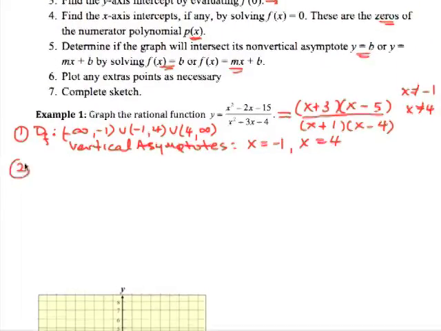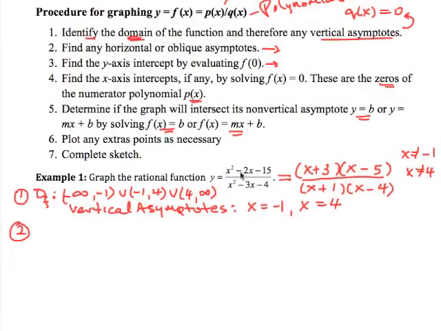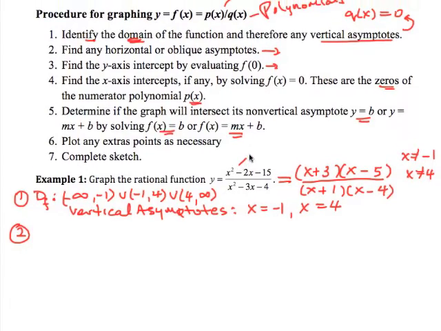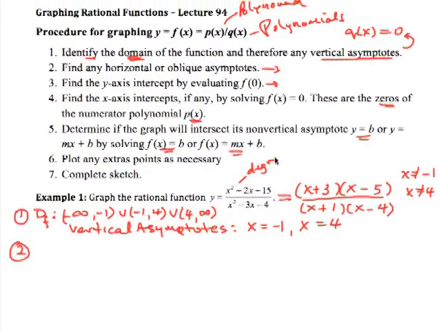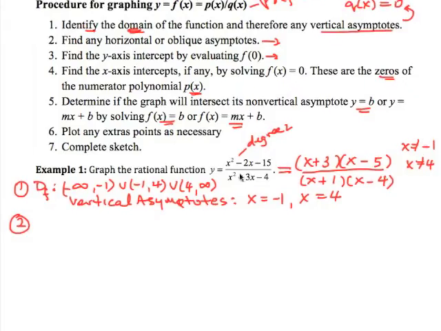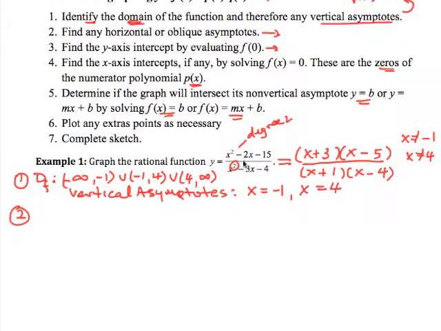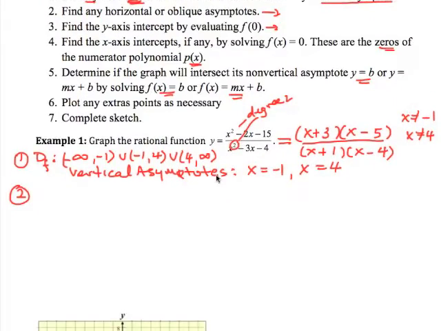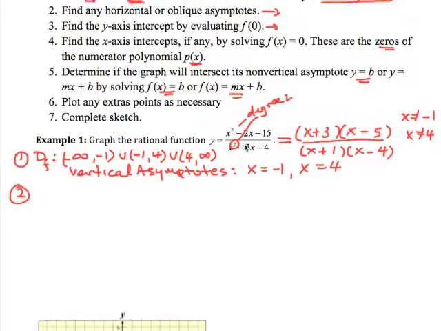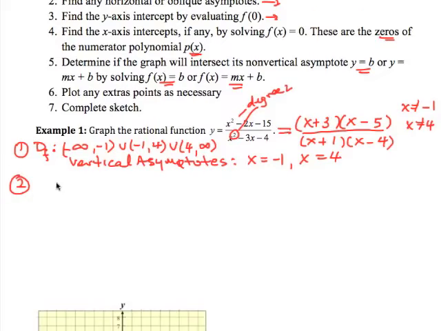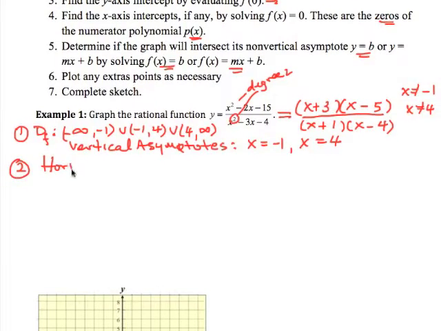Step 2. Now we look at the function and we see that the degree of the numerator is 2, and the denominator is also degree 2. Since they're both of degree 2, we know that we will have a horizontal asymptote.